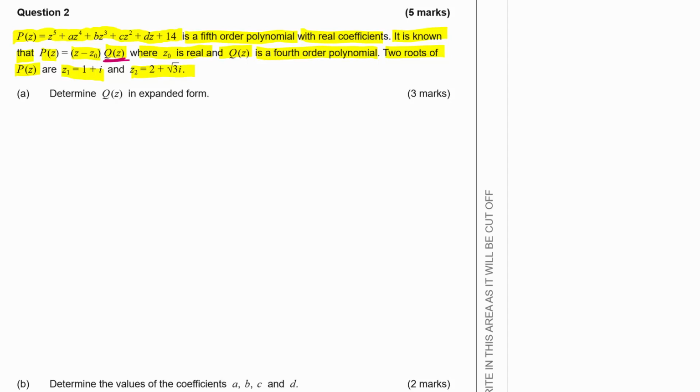So these must also be roots of q of z if they're roots of p of z, just because of the way this is constructed. So we can say that q of z is going to be z take away 1 plus i.